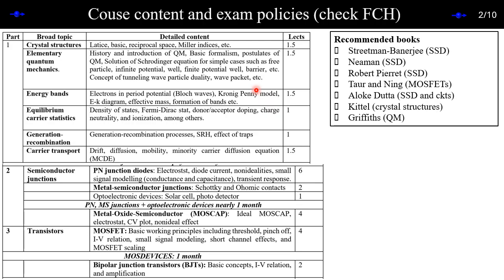So now books and references. I have already uploaded the first course handout. You must have seen it, and you should check the resource section. You can already see it if you log in to your Hello IITK profile. I have also uploaded all my lecture slides that I taught last year.